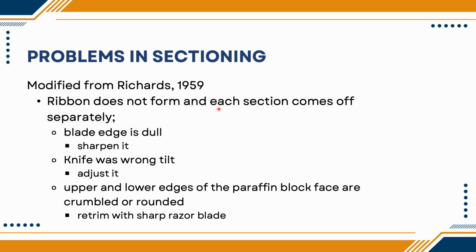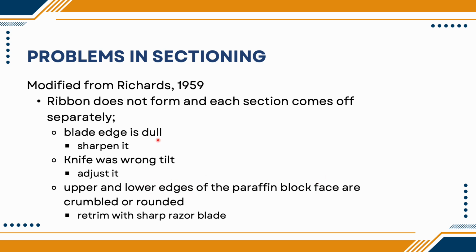Ribbon does not form and each section comes off separately. Remember that when you're performing sectioning, you should get ribbons of the surface of the tissue and not just one isolated ribbon. So this could be due to the blade edge being dull, the knife being at the wrong tilt, and the upper and lower edges of the paraffin block face being crumbled or rounded.